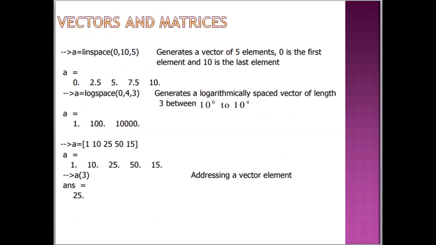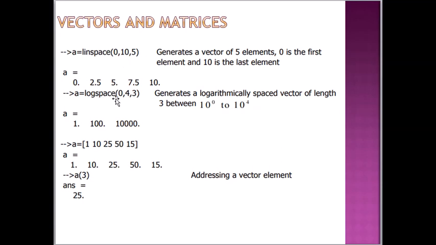So vector and linspace. The next command is linspace. A is equal to linspace. So linspace generates a vector of 5 elements, where 0 is the first element and 10 is the last element. So 5 values will be generated from 0 to 10: 0, 2.5, 5, 7.5 up to 10.